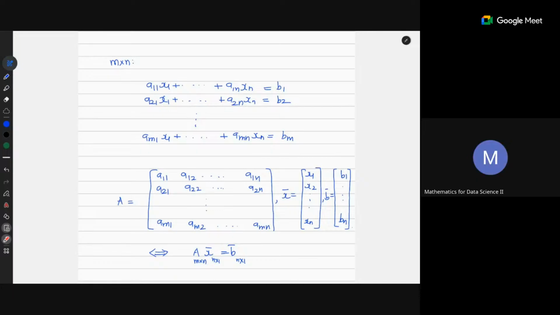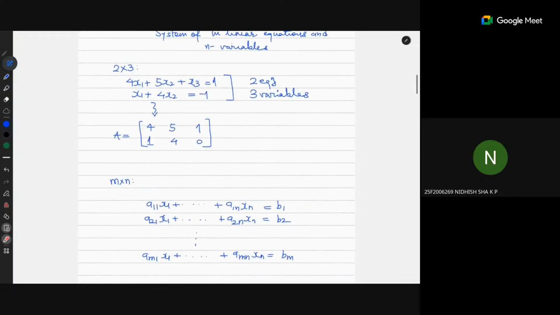Yes, Nidish? Sir, you said earlier that this equation can be turned into a rectangular matrix also, right? Sir, you just showed a before example, having a 2 into 3 matrix.